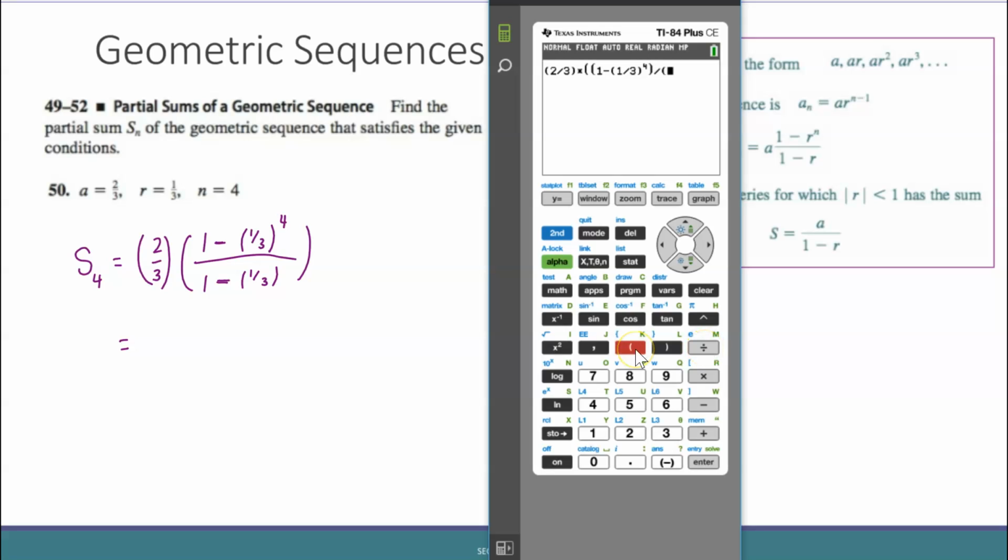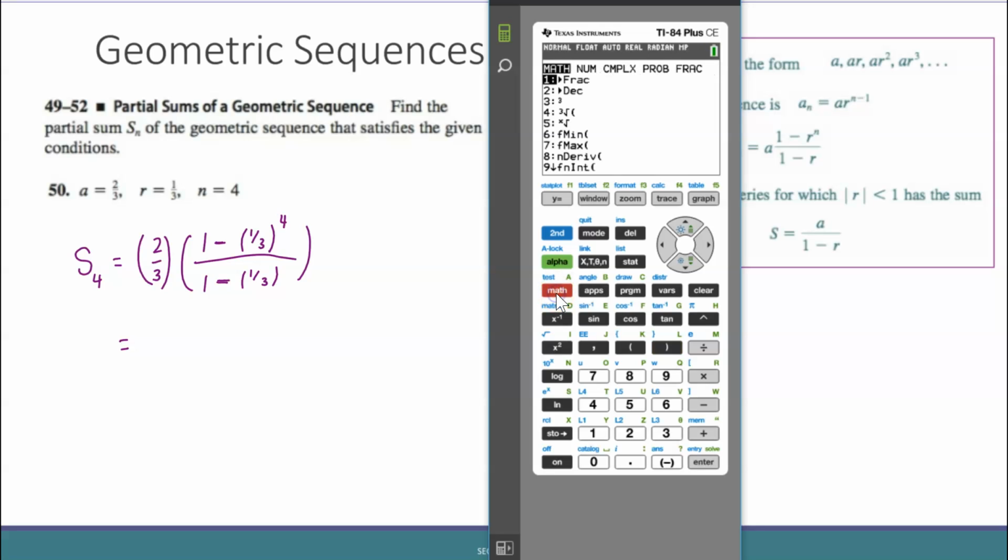Now we're going to do the second, which is the denominator: 1 minus parenthesis 1/3. There's a set of parentheses for the numerator, a set for the denominator, and then a set for the whole thing. I think we're ready to calculate.